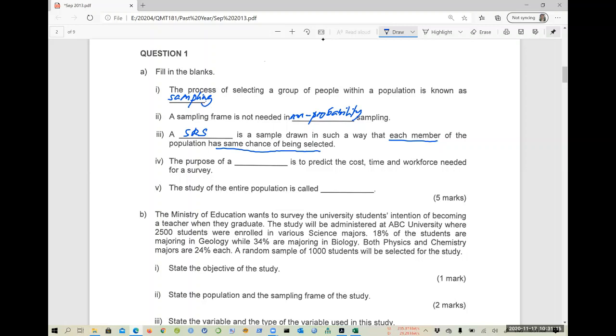So basically all these things can be obtained during a pilot study. So in this case, this will be the purpose of a pilot study.